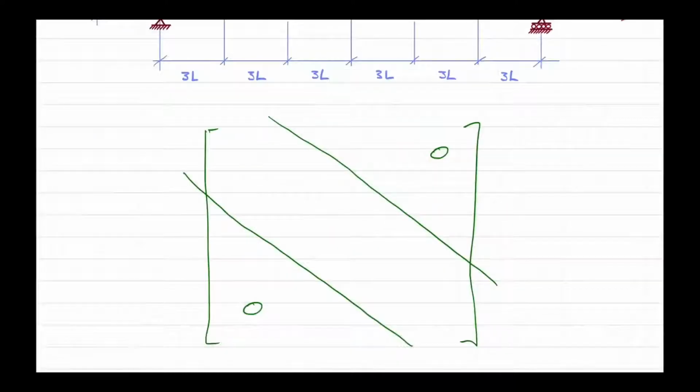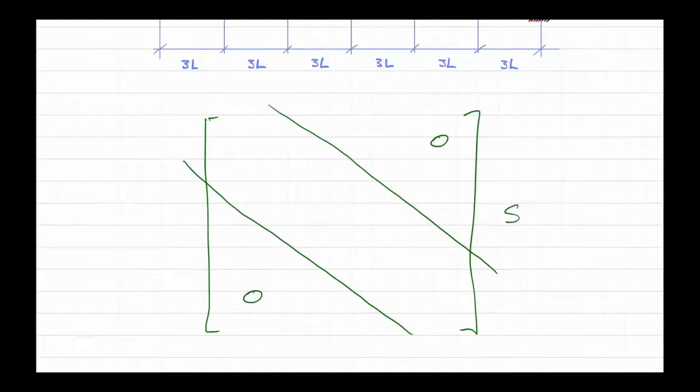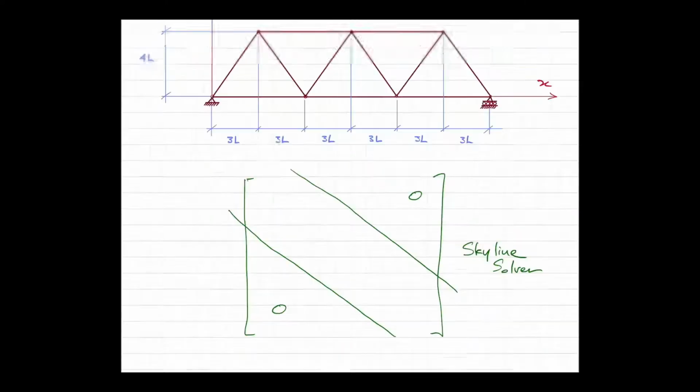So the primitive structural analysis programs tried to compress this diagonal band, and they used something called a skyline solver. This is just the history. You don't have to use this anymore these days.